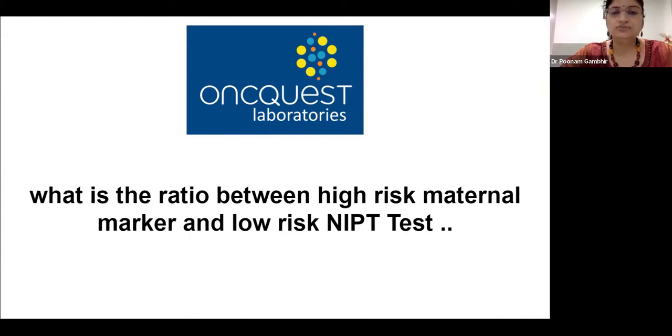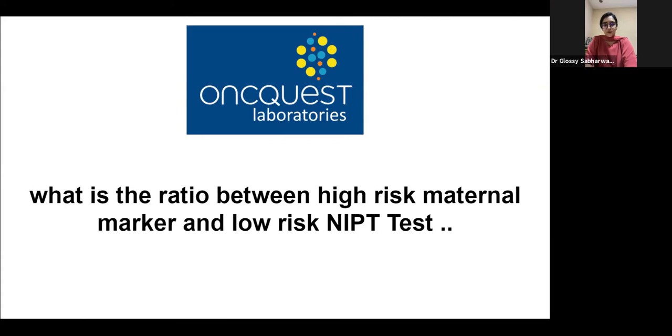I think lab people will answer better on this, but for practical purposes, the sensitive one is free beta HCG, but considering all the practical scenarios, most of the labs are checking total beta HCG. All right. What is the ratio between high risk maternal marker and low risk NIPT test?